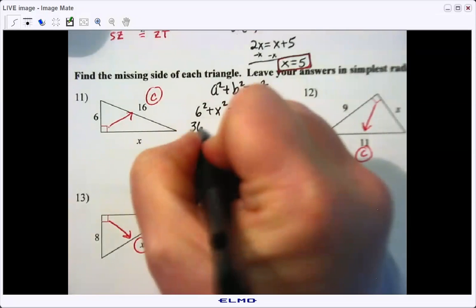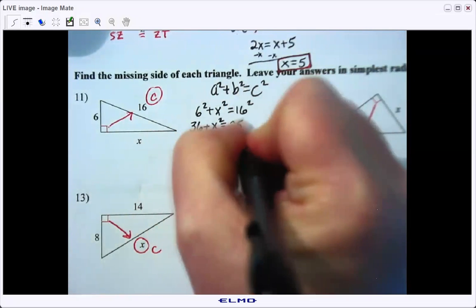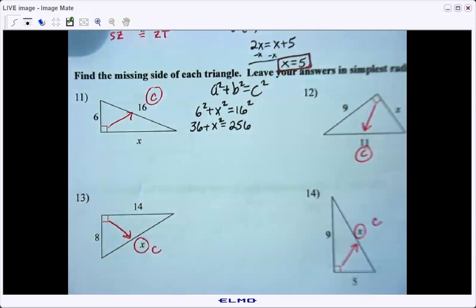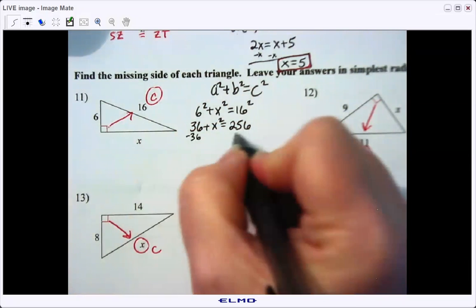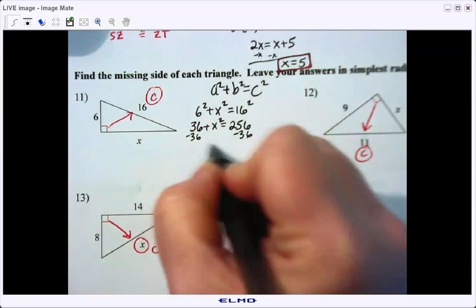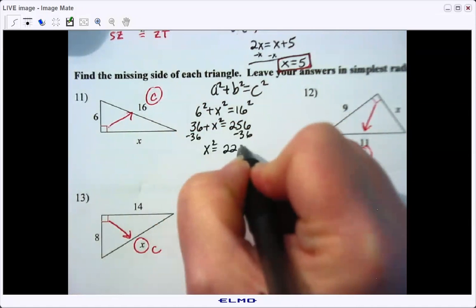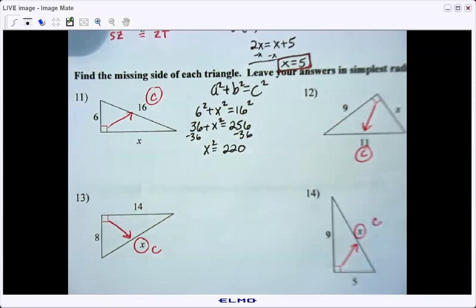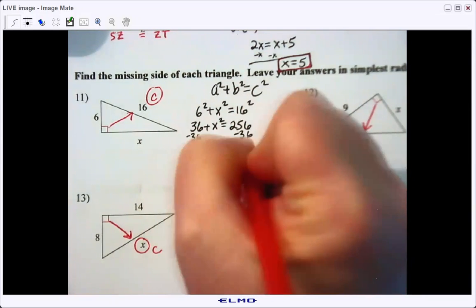So 36 plus X squared is equal to 256. To get the X squared by itself, we have to subtract 36 on both sides. So X squared is equal to 220. Do you remember how to undo a square? Square root it. Nice. So we're going to square root both sides.